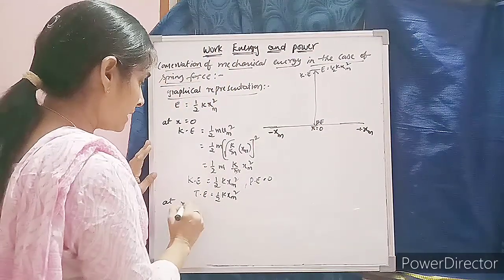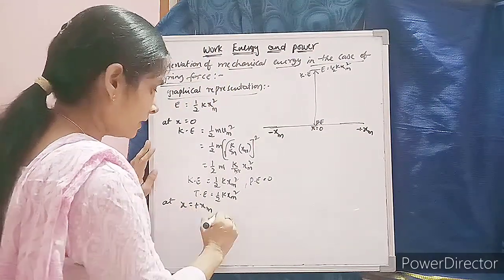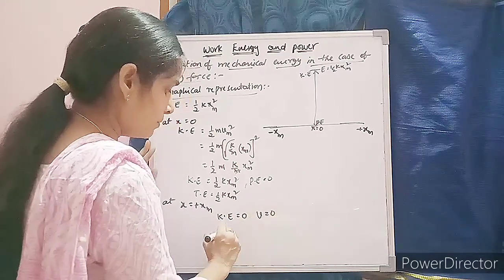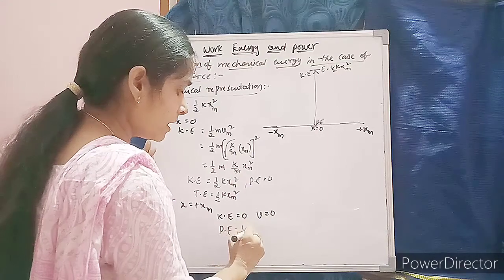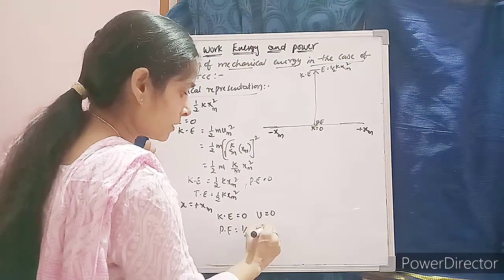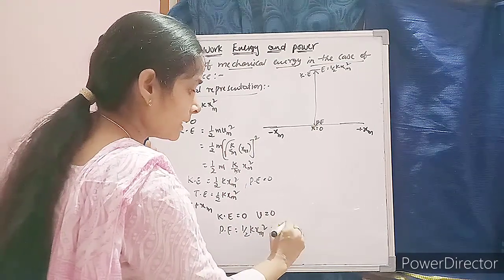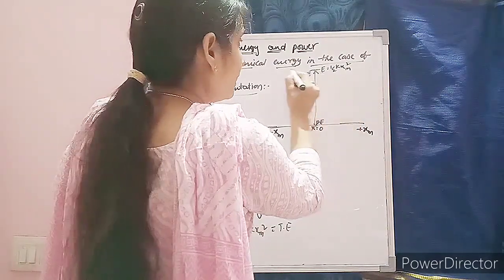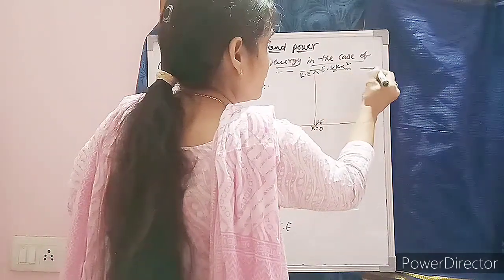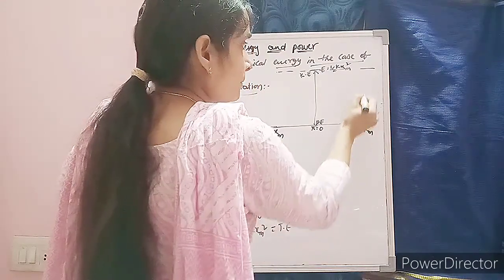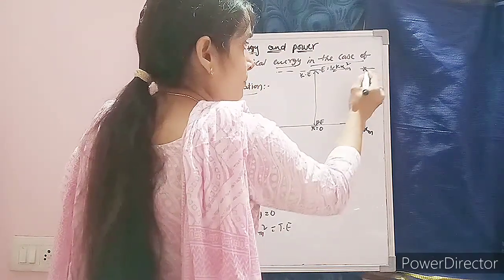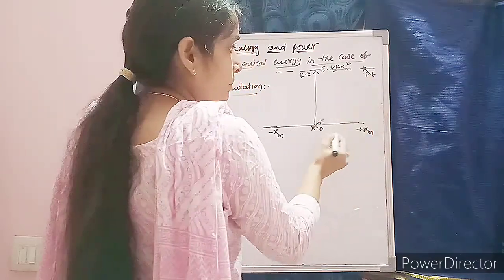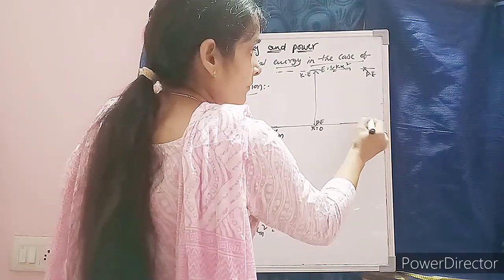Now at x is equal to plus xm, kinetic energy is 0. Why? Because velocity is 0, but potential energy here is half into k xm square, which is equal to the total energy. Here is the total energy line. At x is equal to xm, the potential energy is maximum, but kinetic energy is somewhere here.